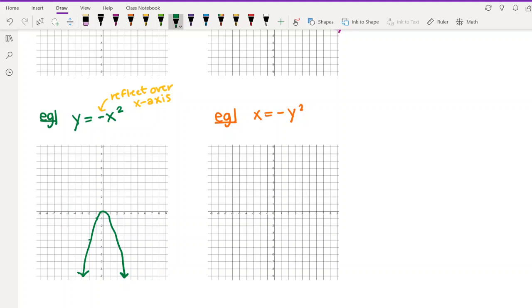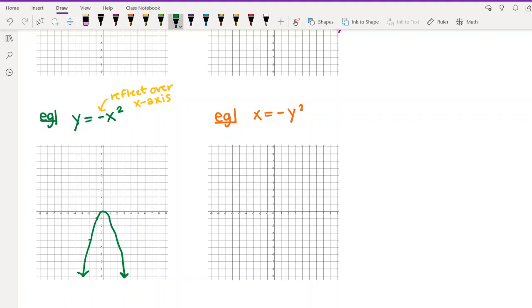So what's this other one going to look like? I think the easiest way to understand this graph is to take the picture that we have here and translate it by either switching the x and y coordinates or by flipping over the line y is equal to x. Personally, I prefer to think of switching the x and y coordinates.